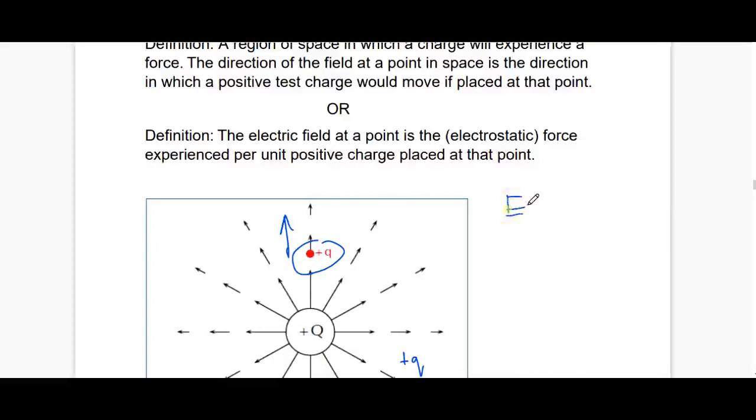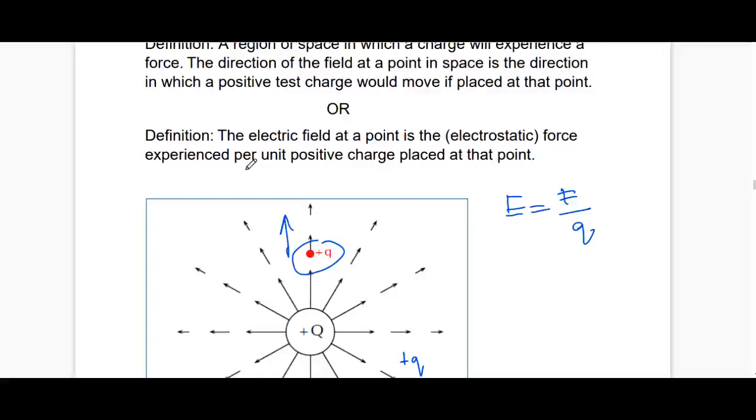It means that E is equal to F divided by Q. The electric field at a point is the force experienced per unit positive charge at that point. You see, per unit positive charge. So the force is experienced per unit positive charge at that point. So this definition is a little bit easy to grasp.